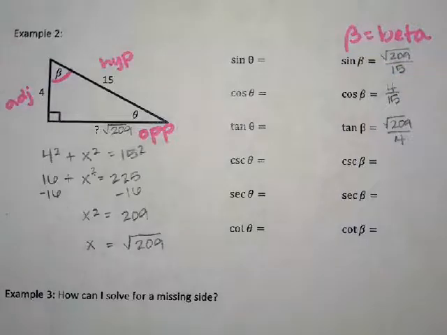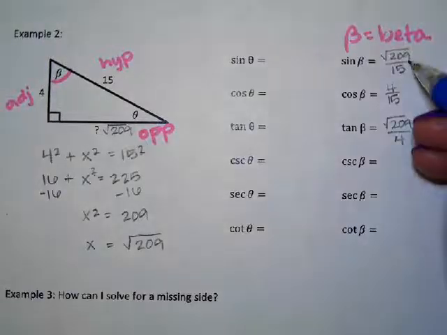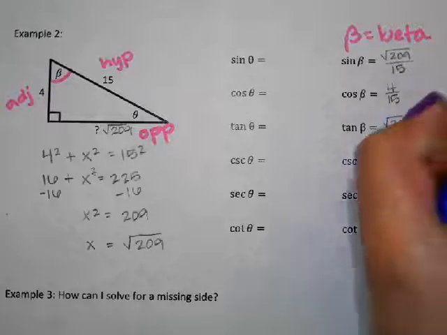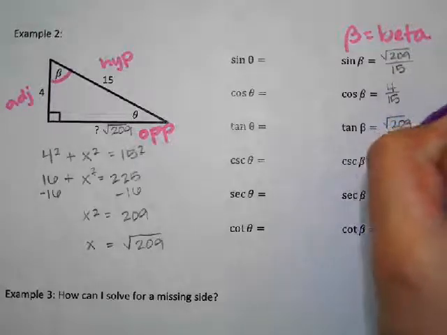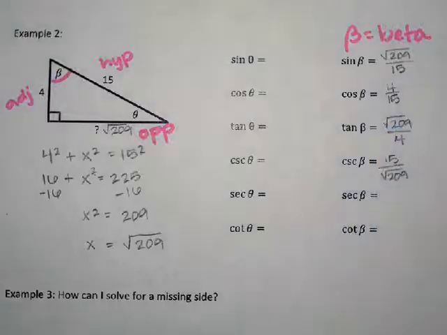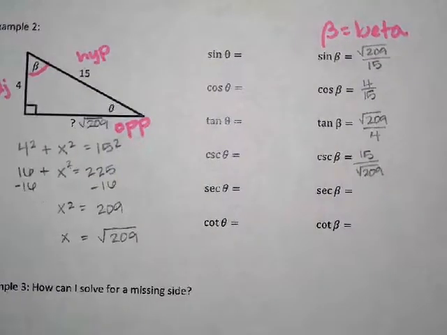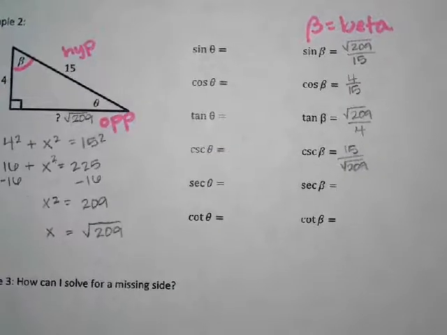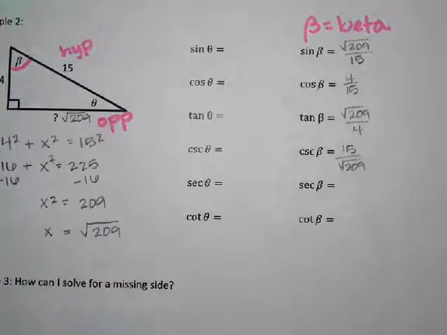And then once we have the three original SOH-CAH-TOA ones, what do we do to get the cosecant, the secant, and the cotangent? How do we get the funky ones? Yeah, we flip, flip, flip. So for this one, to get the cosecant, we just do 15 over root 209, and in calculus, they say that's fine, but in Math 3, it's got to look right. And so how do we fix that to make it look right? Anyone remember from Math 2?